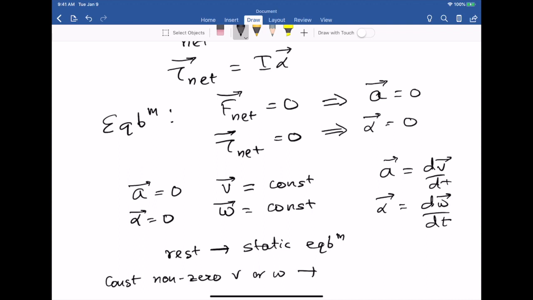These cases are called dynamic equilibrium. But this is all terminology, and mathematically you treat all these cases the same way. So that's pretty much all there is to the entire idea of equilibrium.